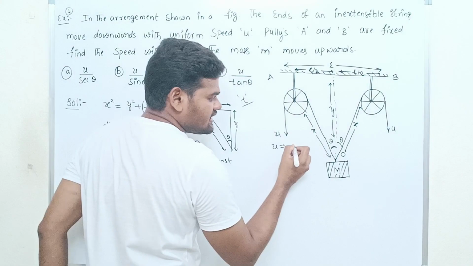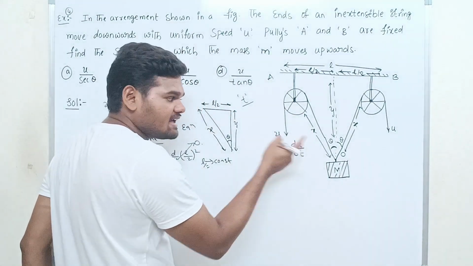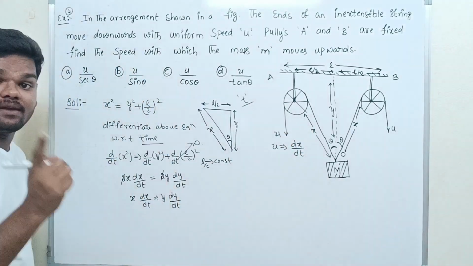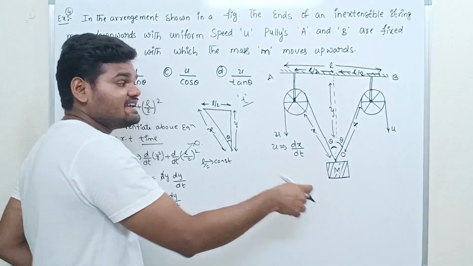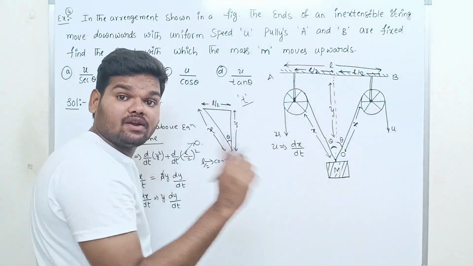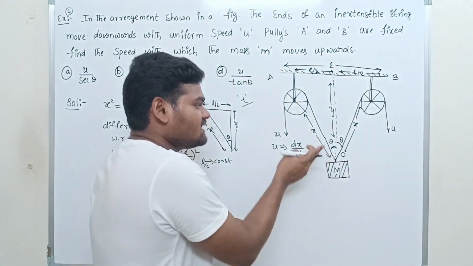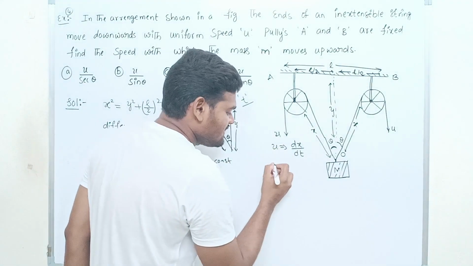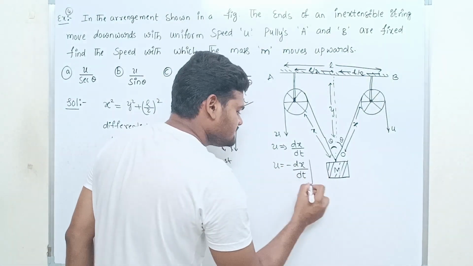Then velocity can be written as dx by dt, so u can be written as change in displacement of x divided by dt. But this velocity is in the downward direction, and when we are pulling this string downward, x will decrease. Then we can write u is equal to minus dx by dt.